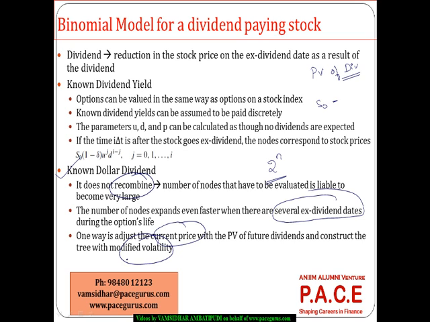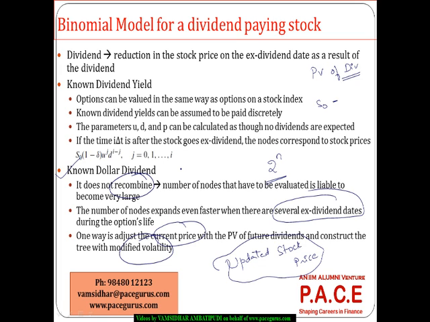Compute the modified volatility of the updated stock price. You can make an assumption that the volatility of the actual stock price might be equivalent to the volatility of the updated stock price. Take the updated stock price and the updated volatility, and based on that construct the entire binomial tree.